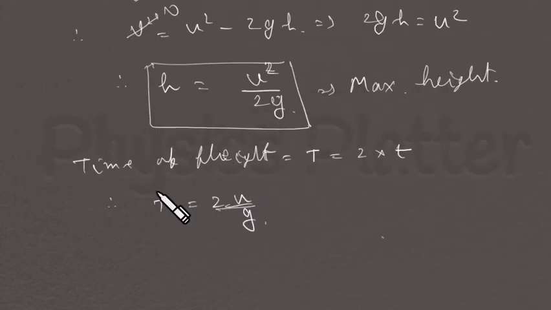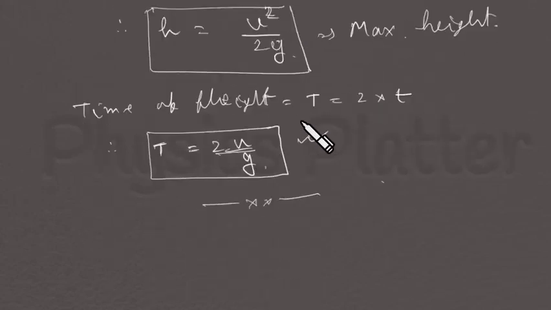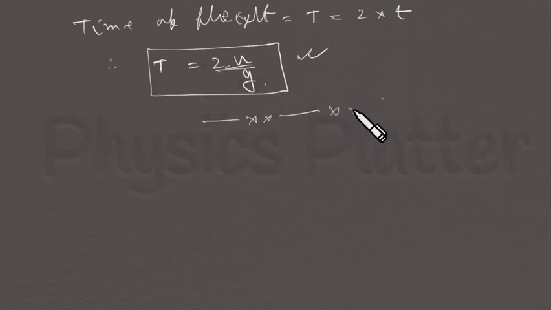So that is the time of flight of the body. That is the general formula. These are the formulas that you can remember to solve the numericals from this chapter. You can simply apply the equations of motion, or you can also derive these equations and then apply them.